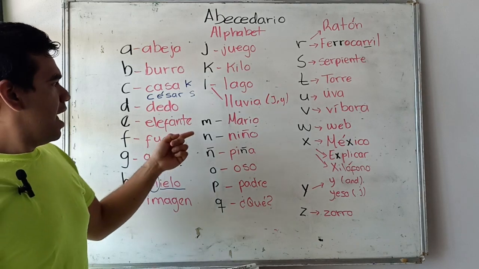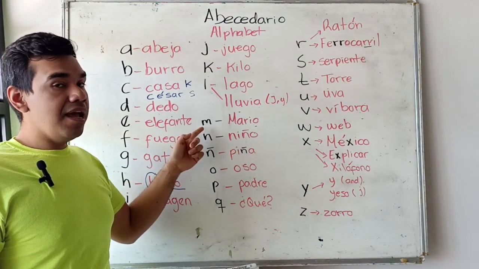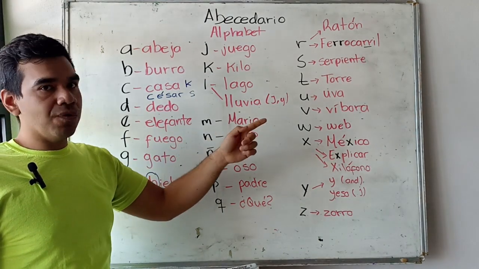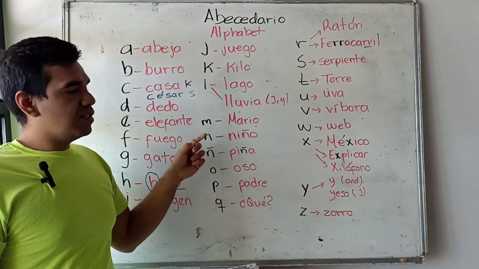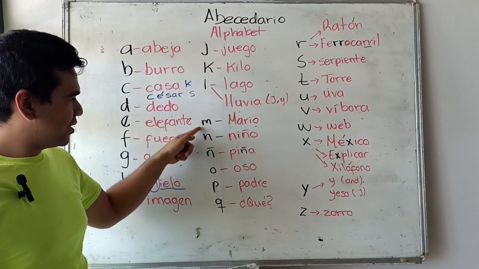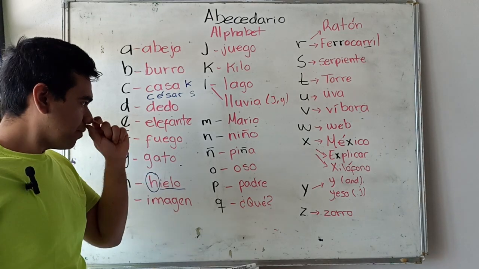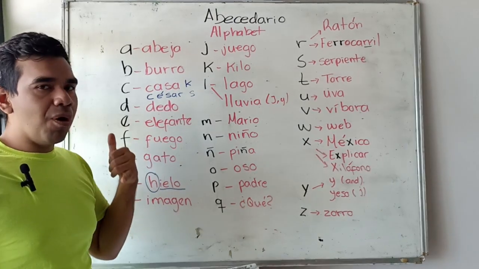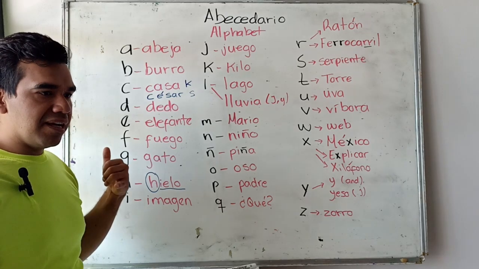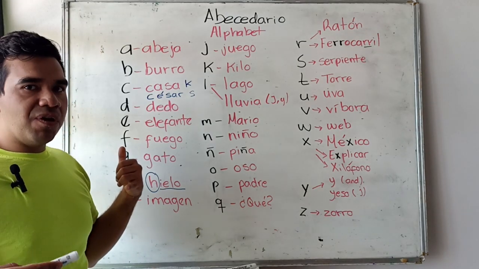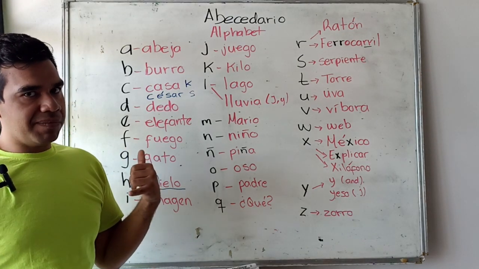Okay. M, Mario. So here is a thing with these three letters. If you are in a phone call and you are speaking, the quality of the phone call is not the best sometimes.